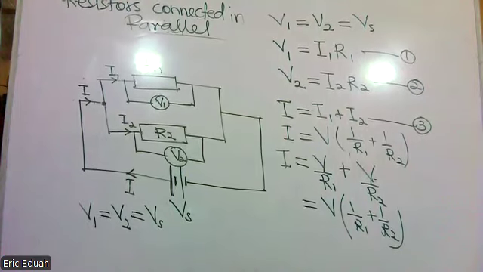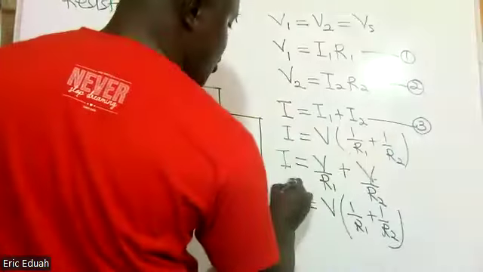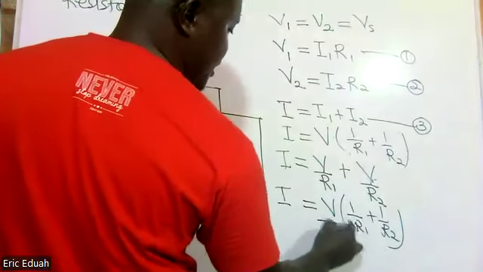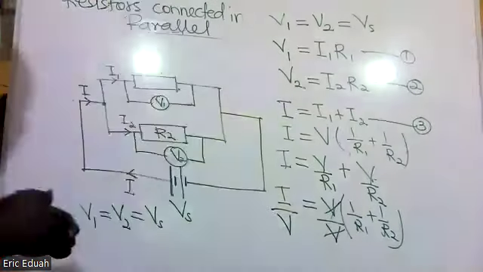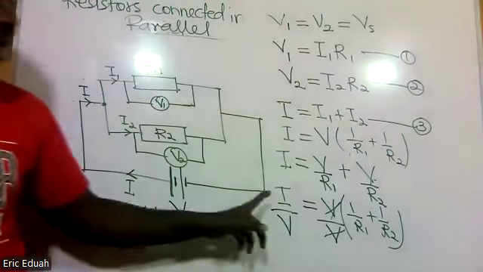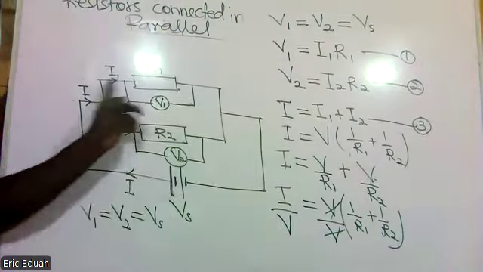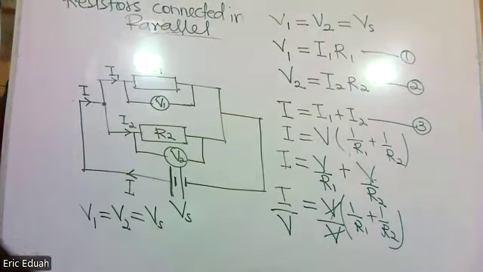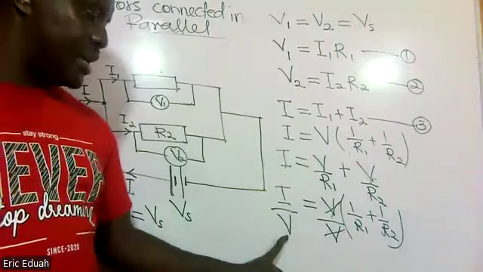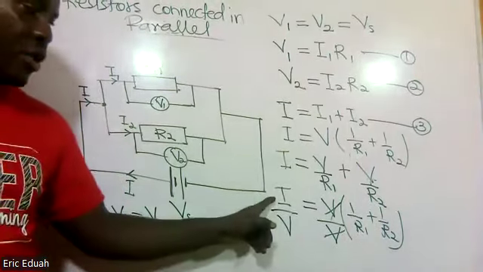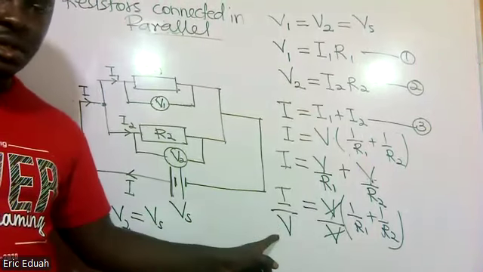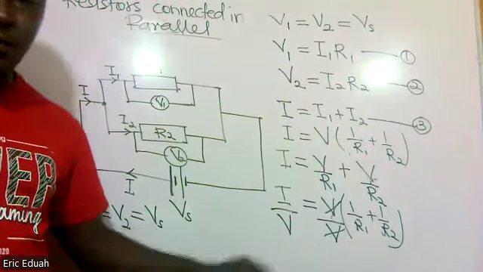I know you simplified, so I understand what you were doing. So when we divide through by V, I is the current flowing through the source current. V is the source voltage. What is the ratio of the source current to the source voltage?